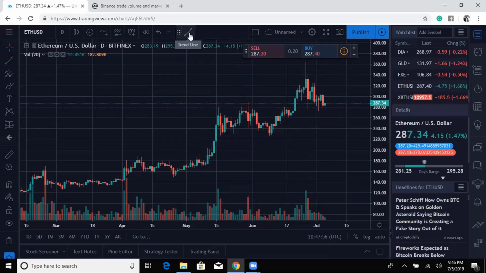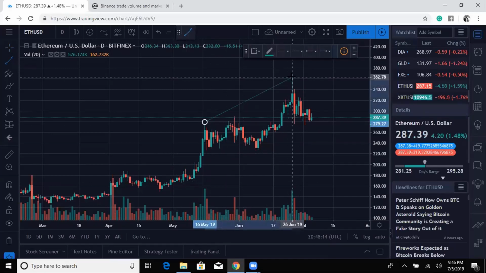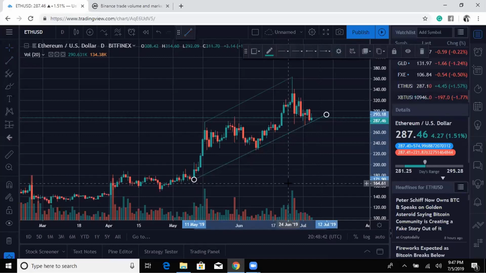So I did say when you're trying to figure out where price action is taking place, you draw trend lines at the top and then at the bottom. So let me just give a quick example of that. For this right here, this is actually where price action is taking place, right here. Yeah, just about there. So that's what you really try to do.